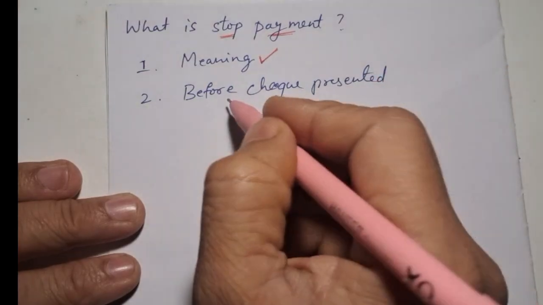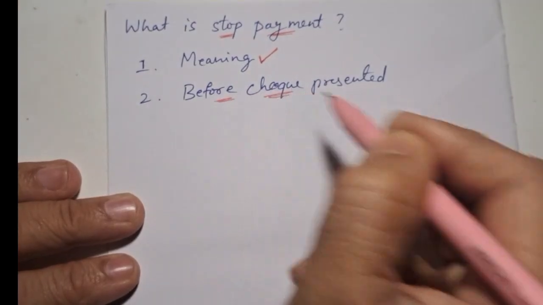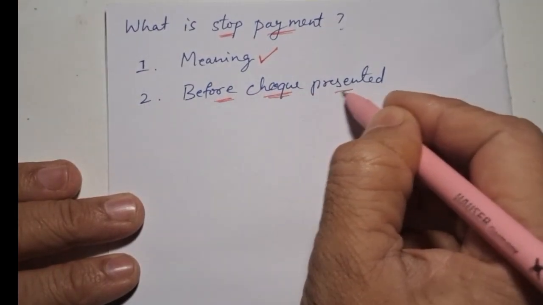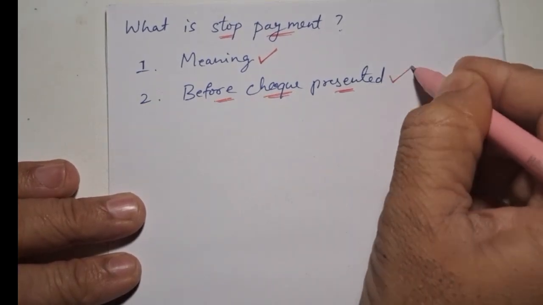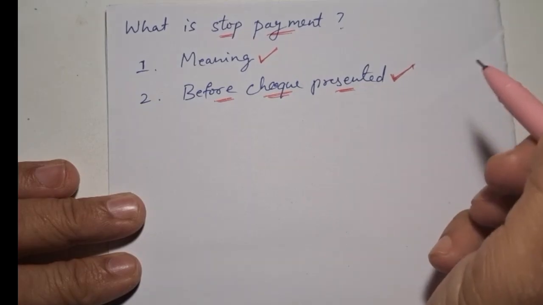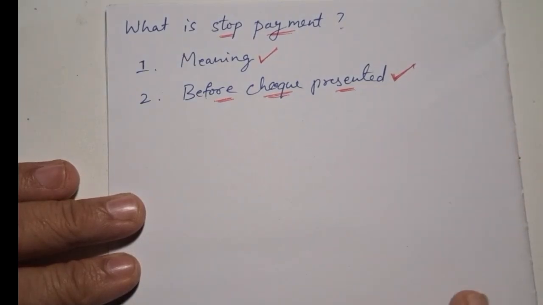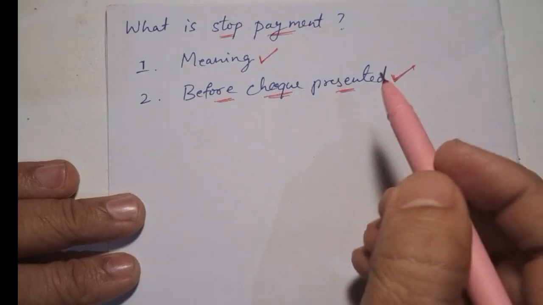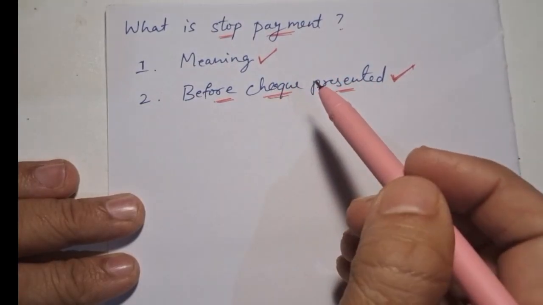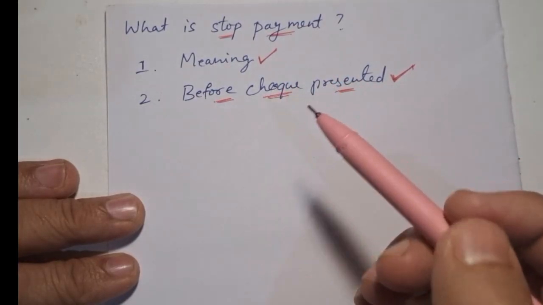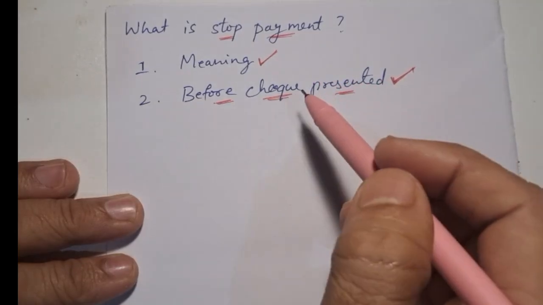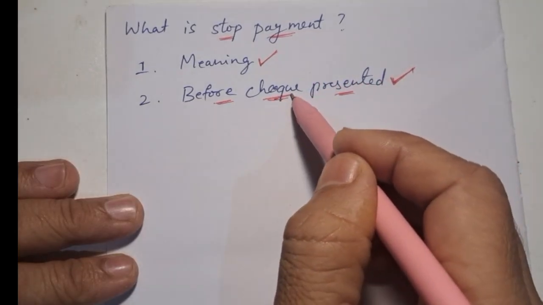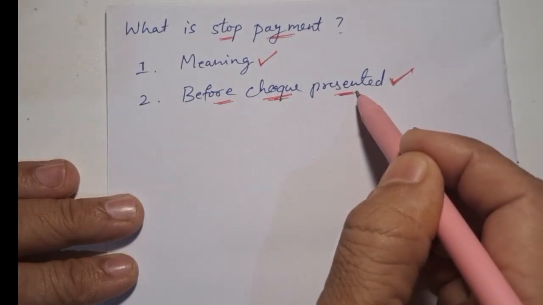The main important point here is that the drawer needs to give the instruction to the bank before the check is presented by the payee to the bank. So it's very simple. Stop payment is the instruction given by the drawer to the bank not to clear the check, before the check is presented in the bank by the payee.